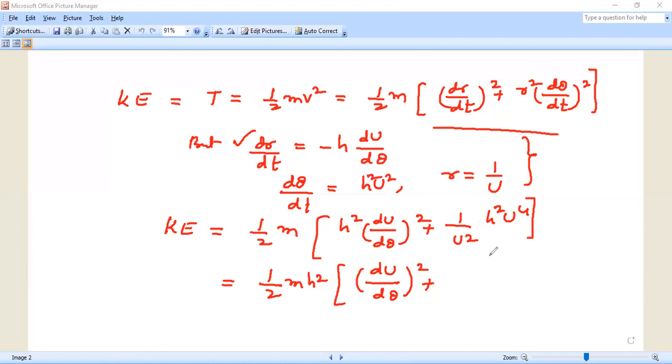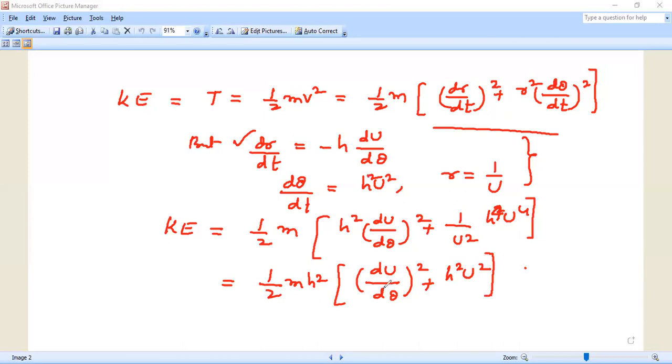Then h square we took common, and u power 4 over u square leaves h square u square.